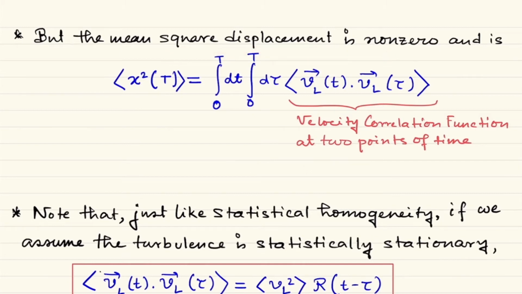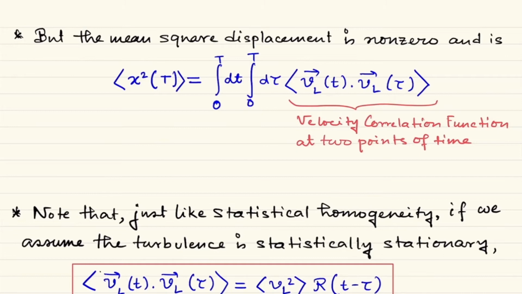And this is given by the angular bracket x square, which is also a function of capital T, and that will be simply equal to a double integration. One integration will be on small t, another integration will be on another time coordinate tau, and this double integration will be done on the 2-point velocity correlation function of the Lagrangian velocities of two different time points, one at t, one at tau.